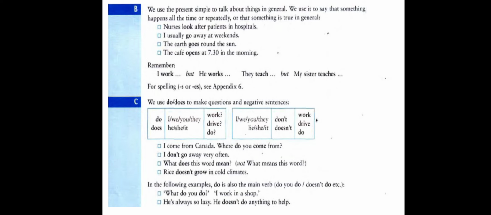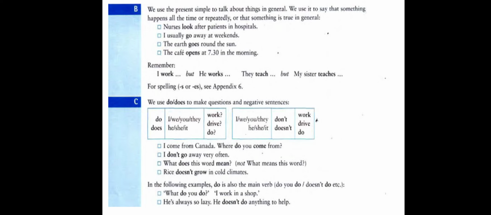In the case of singular, the original sentence is like this. He works, she works, it works. He drives, she drives, it drives. He does, she does, it does. To form the negative, we add do plus the S taken from the main verb and added to do, so it becomes does.